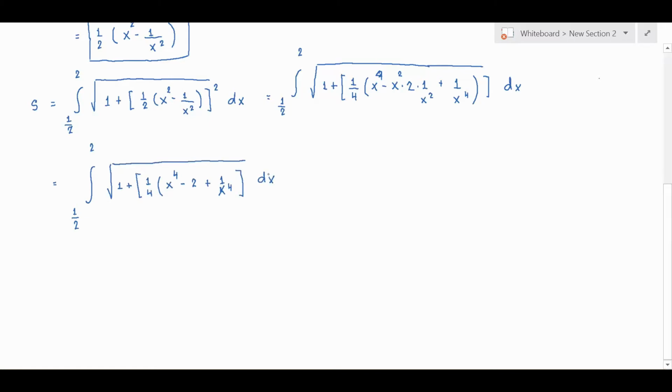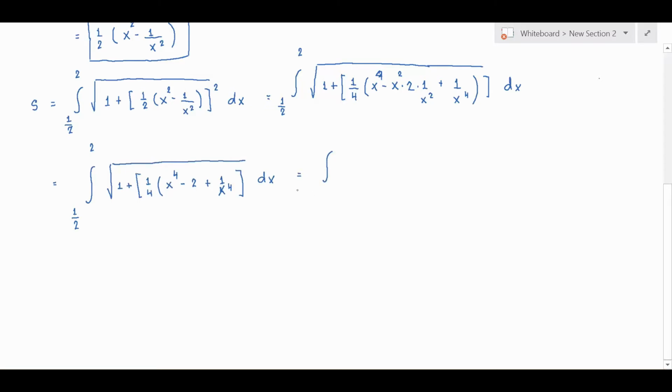Let's see if I made any mistake here. So I have x to the 4th, minus 2, plus 1 over x to the 4th. Yes.